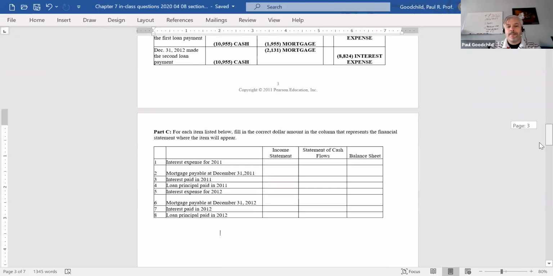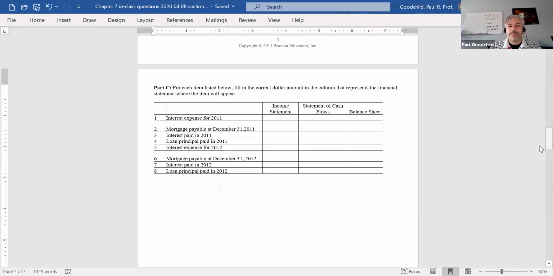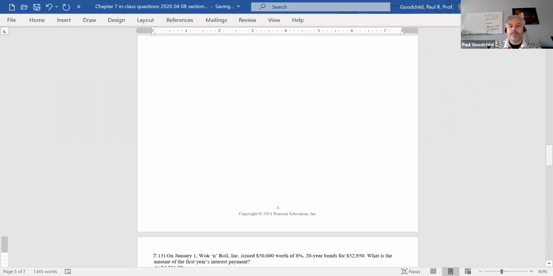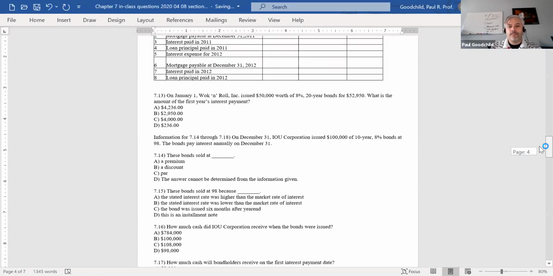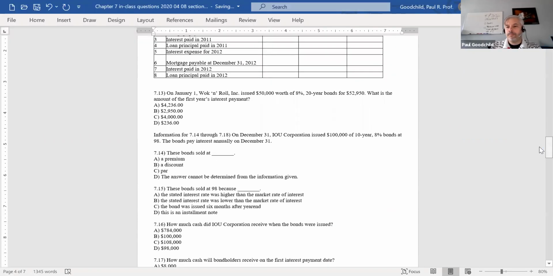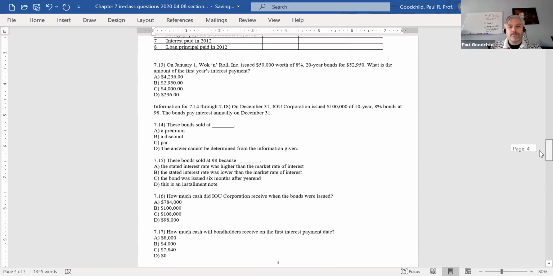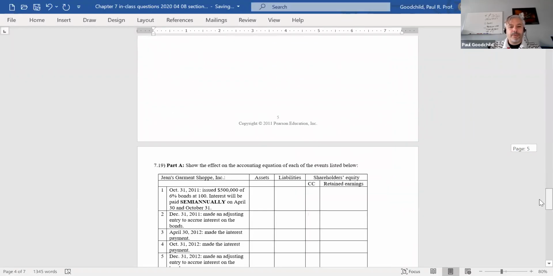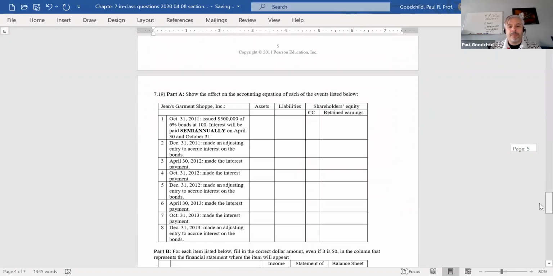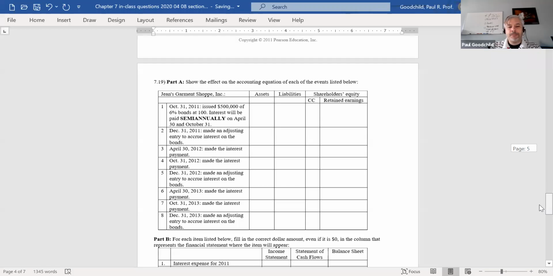The other ones there, 7 through 18, are all practice as well.